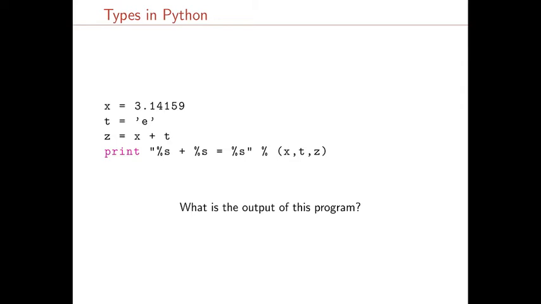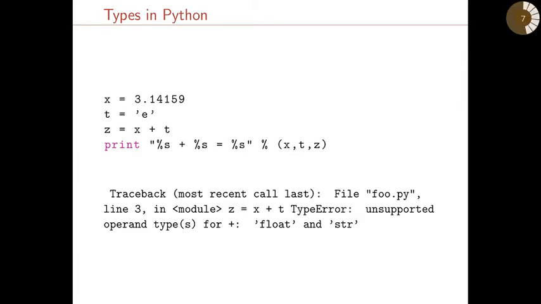Okay, let's look at the output of this program. It outputs actually an error message. It says in line 3, where we assign to z the result of x plus t, we get a type error. Python says we have an unsupported operand type for plus. We have float and string.